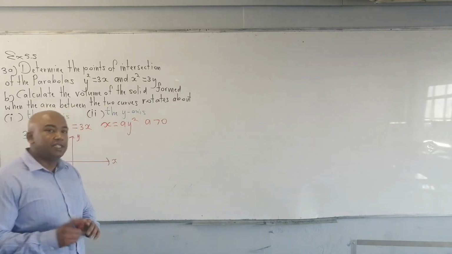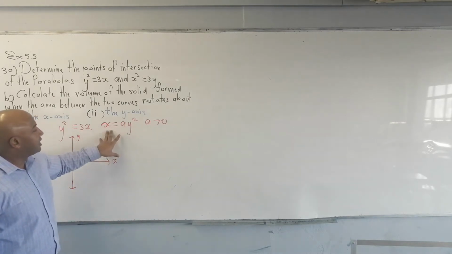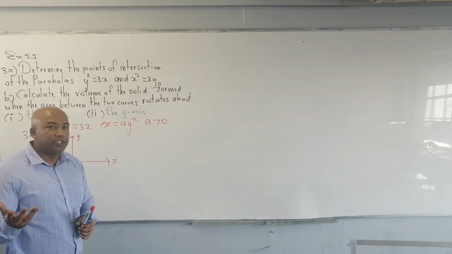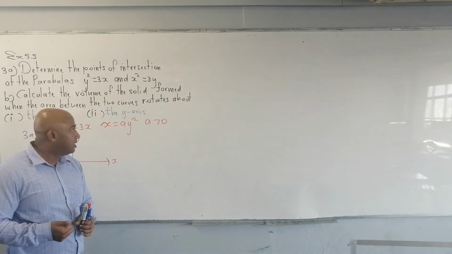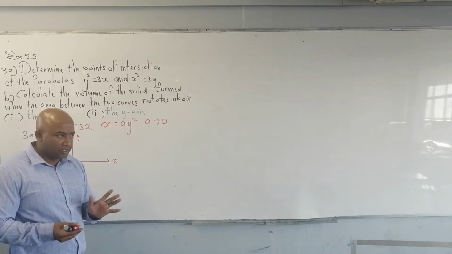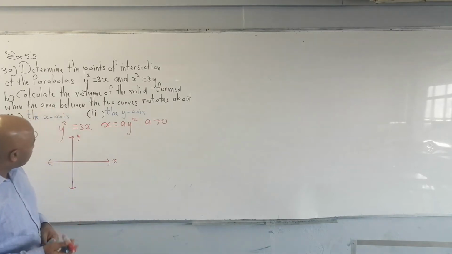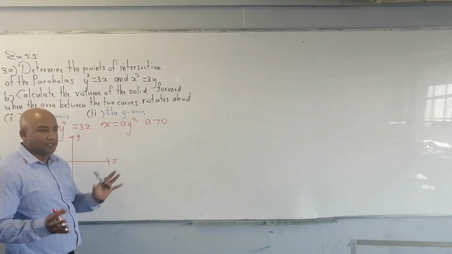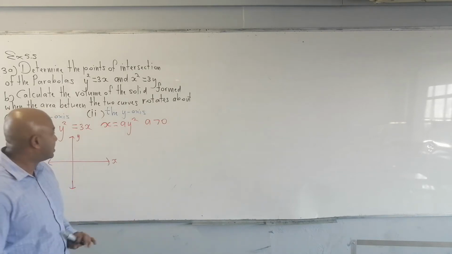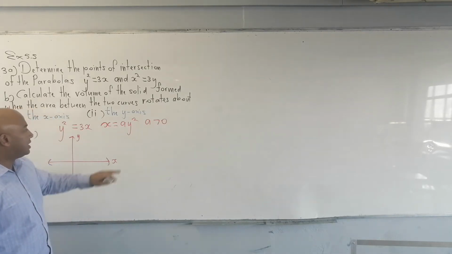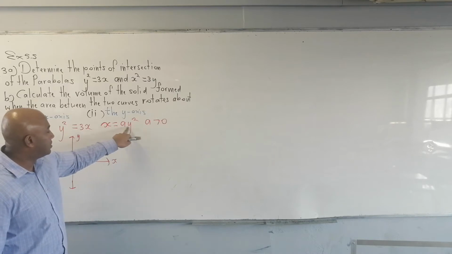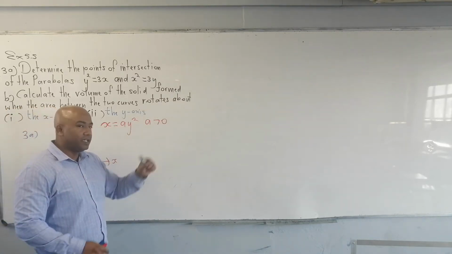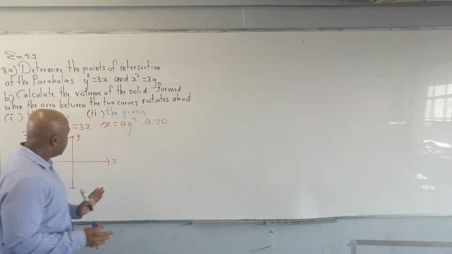Right, for a more detailed explanation of x is equal to a y squared, you can refer to my video on calculating area, if I'm not mistaken. Here we are explaining the difference in the parabolas: the parabola and the inverse of a parabola. Here you got x is equal to a y squared. In the other examples, we got y is equal to the square root of x.